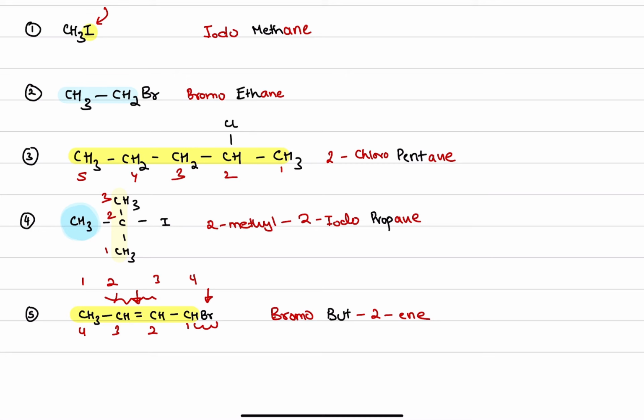Now, do I really need to mention 1-bromobutene? Well, I don't think so, and you don't have to, because when we just say bromobutene, whenever you name a functional group but you don't mention a number next to it, that automatically means that it is attached to the first carbon. But if you do say 1-bromobutene, this will definitely not be wrong.